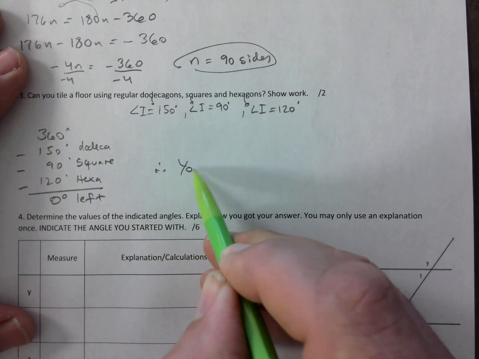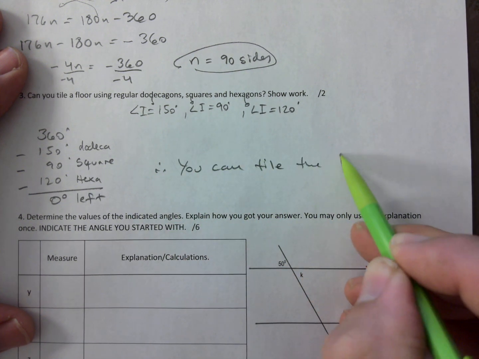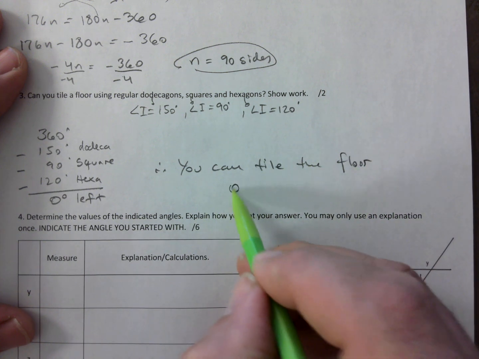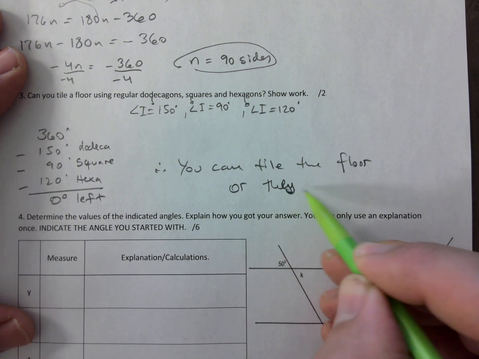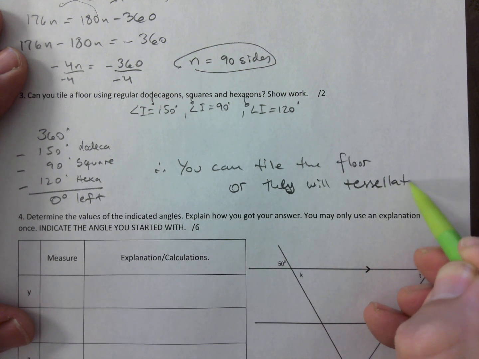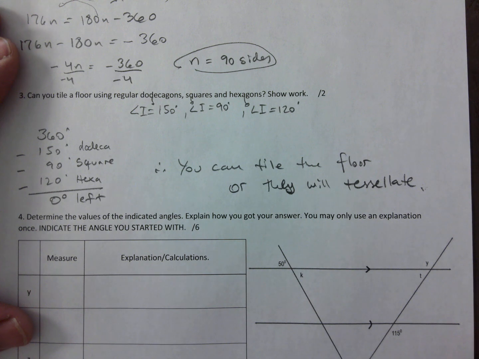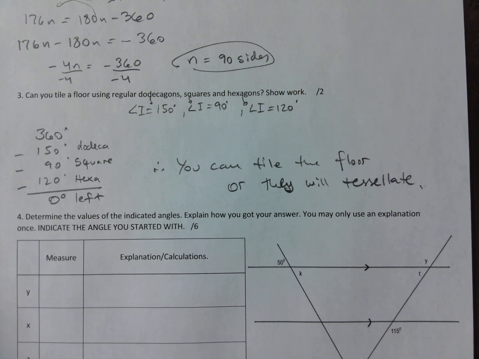Therefore, you can tile the floor, or they will tessellate. Not always, but if it's 0 left over, you're good to go.